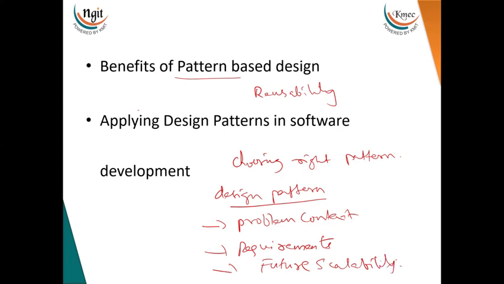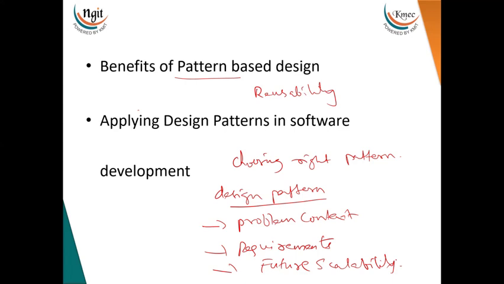As I told you, applying design patterns in software development, developers find it more useful to select the right pattern from a pool of existing patterns. But which one is the right one makes the key of all software development, right? So for selecting the right pattern, we have to consider the problem context, the requirements, and future scalability.